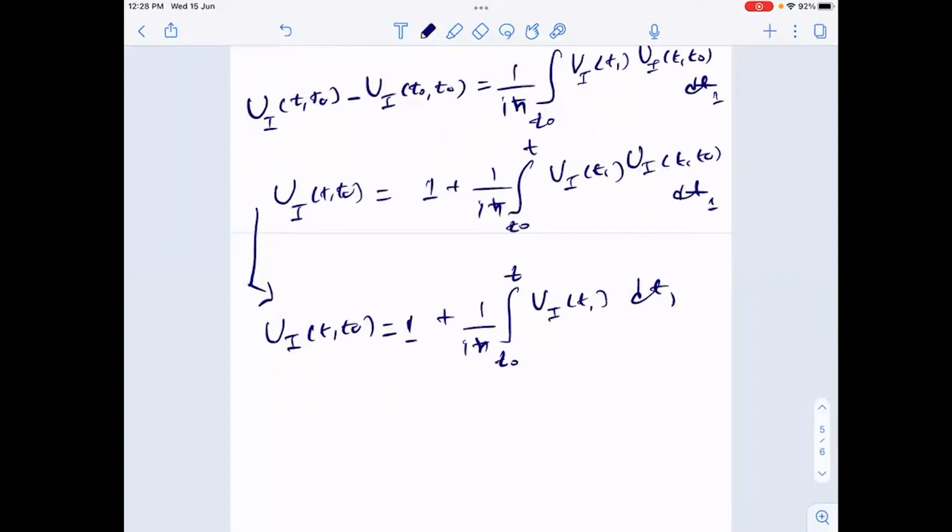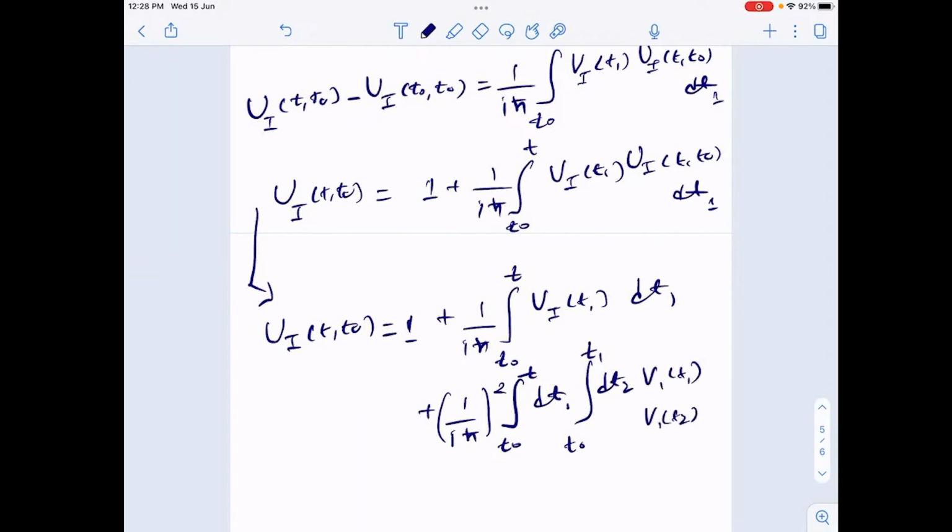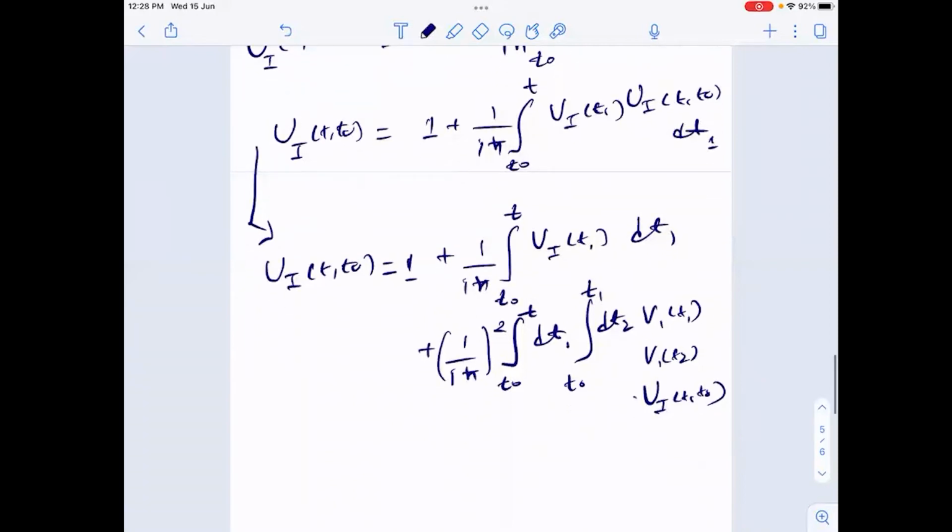The next term will be 1 upon iħ squared integral T0 to T dT1 integral T0 to T1 dT2 VI T1 VI T2 into UI T T0. It seems a little complicated, but it is not that much. You can take a minute to understand.